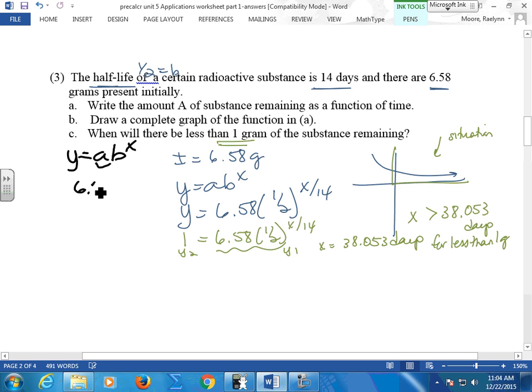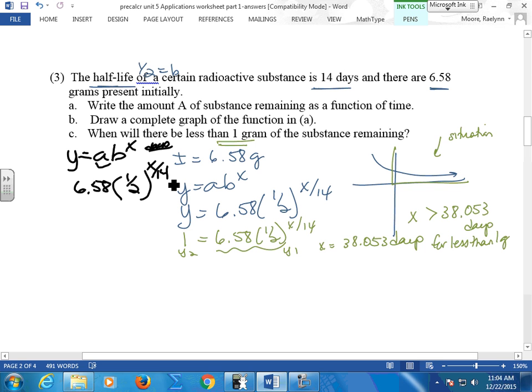Okay, so I've got my initial. What's my rate? 1/2. I'm not doubling, I'm halving every time. And my time would be in days. X would be in days. Am I half-lifing every day? No. Every 14 days. So divide by 14.